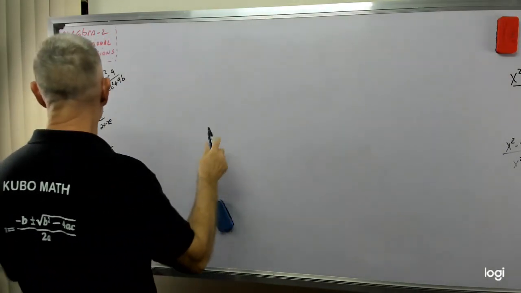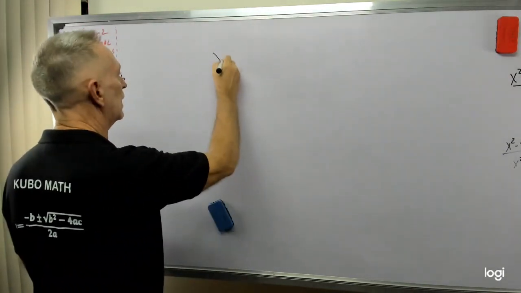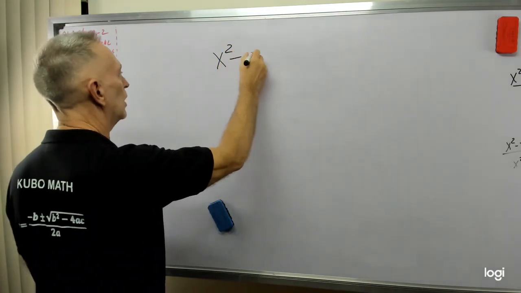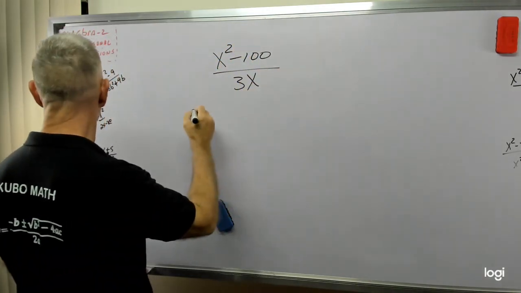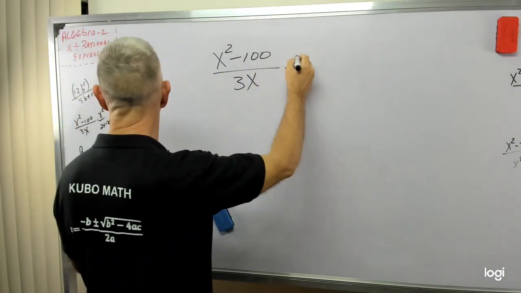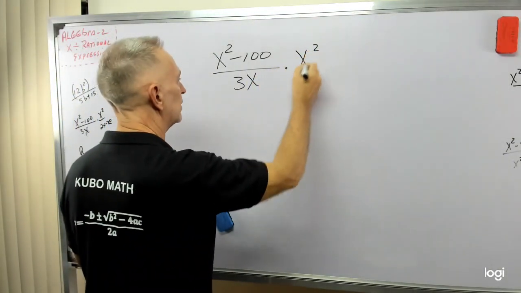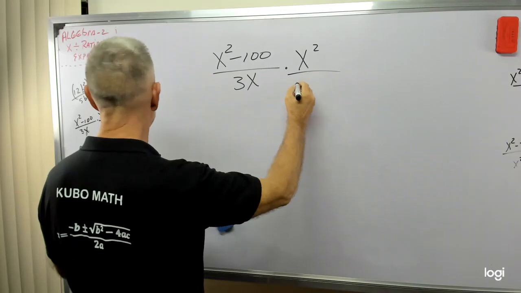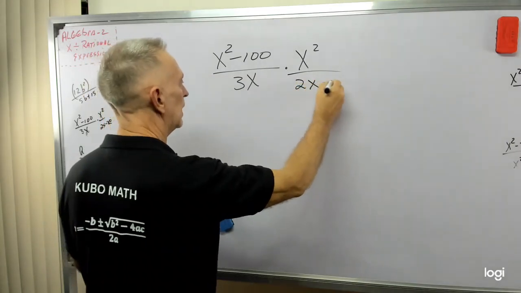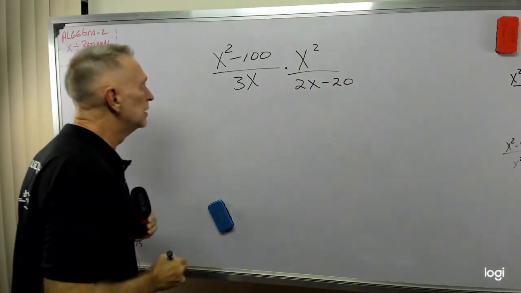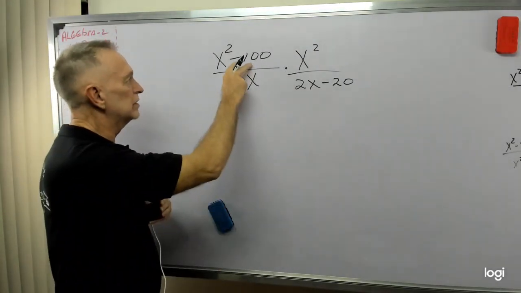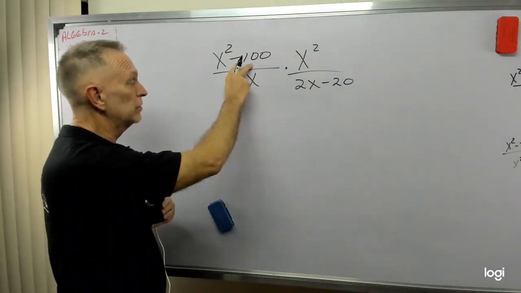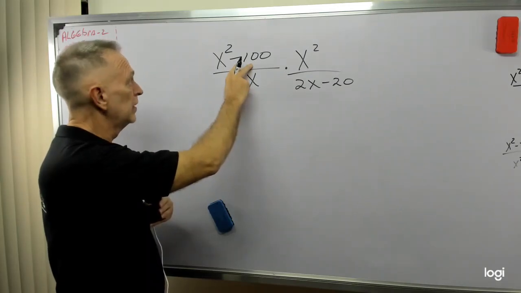All right, let's take x squared minus 100 divided by 3x times x to the second power divided by 2x minus 20. Oh, what to do? You can see this is the difference of two squares.